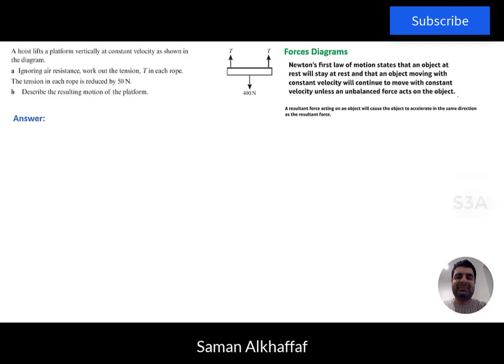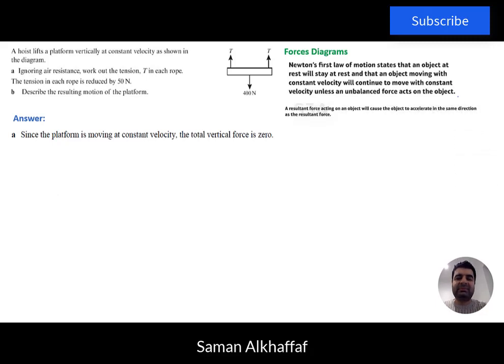In this example, a hoist lifts a platform vertically at constant velocity as shown in the diagram. For part A, ignoring air resistance, work out the tension T in each rope. So for part A, since the platform is moving at constant velocity, the total vertical force is 0.